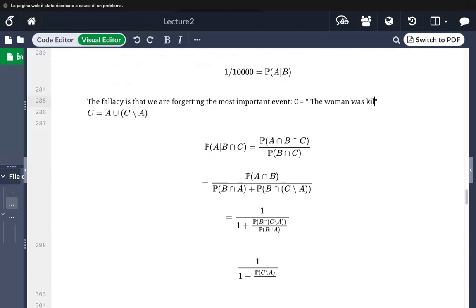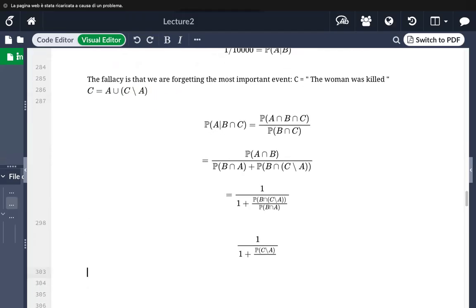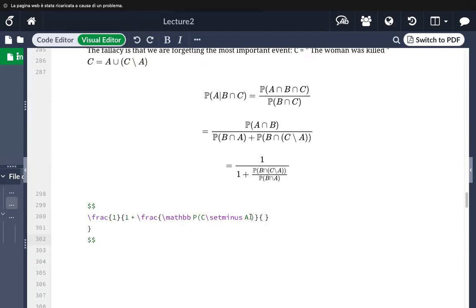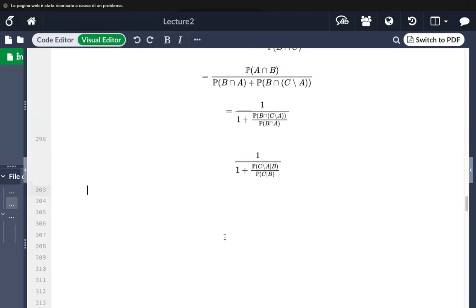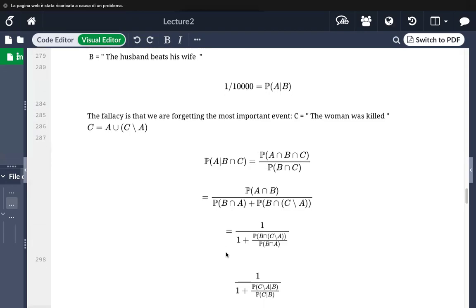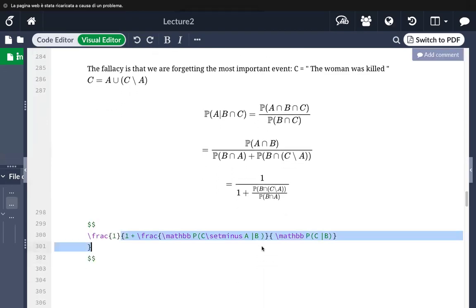Otherwise, there would be less evidence against her husband. So multiplying and dividing by B, we obtain this expression at the end of the day.